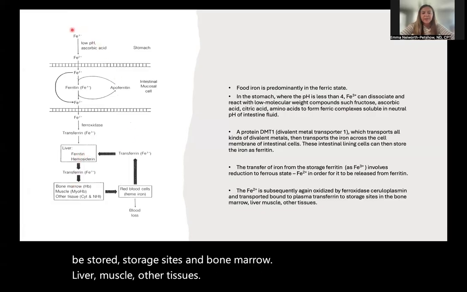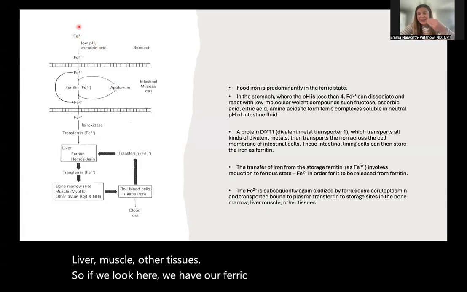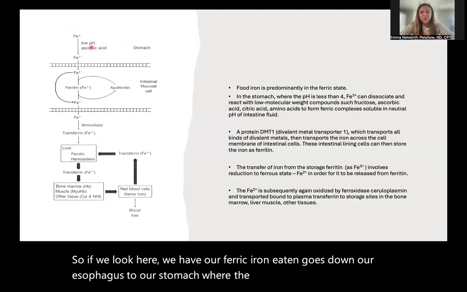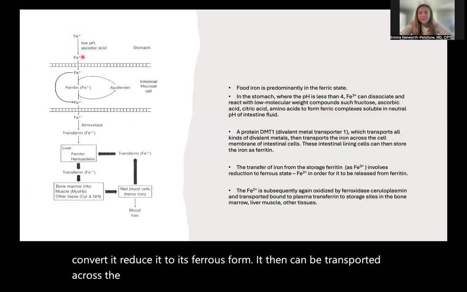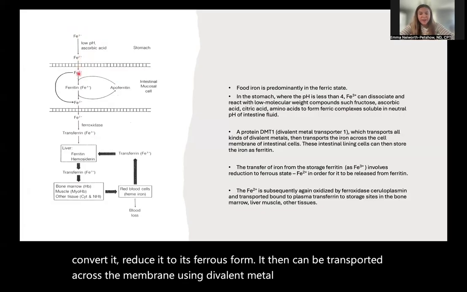So if we look here, we have our ferric iron eaten, goes down our esophagus to our stomach, where the low pH ascorbic acid can convert it, reduce it to its ferrous form. It then can be transported across the membrane using divalent metal transporter 1.